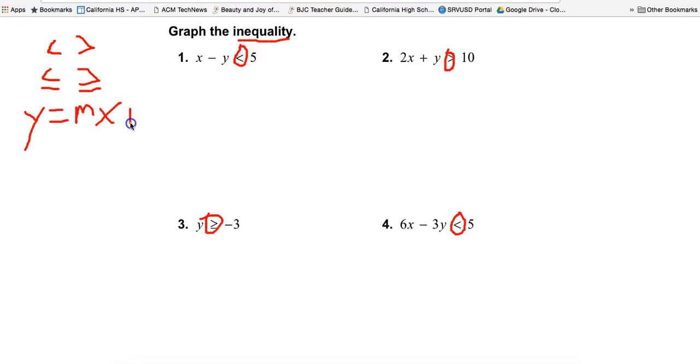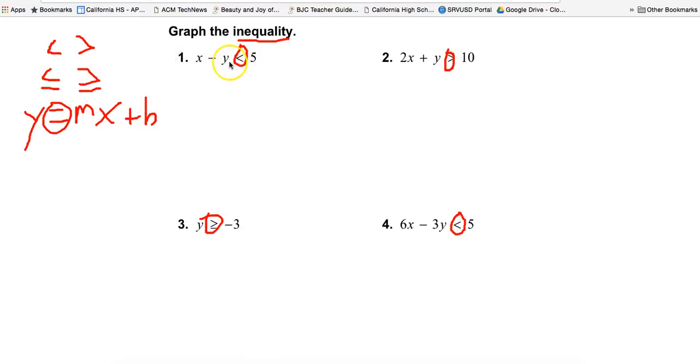So we need to turn this so we've got y on one side and mx plus b on the other side. Instead of equals, we're going to have one of these four inequality signs in here. Your inequality sign just stays where it is, and you want to move your y into a position where your y is isolated and you've got mx plus b on the other side.